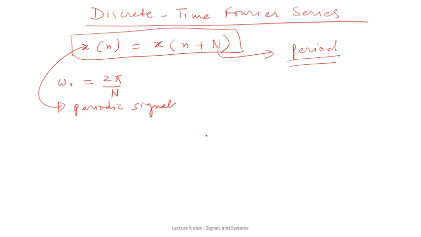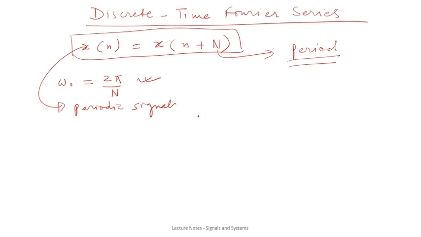One is called the trigonometric, the other one is called the exponential. If it is the trigonometric Fourier series, it will contain the sine and cosine terms, and if it is the exponential Fourier series, it will contain the exponential terms. So this signal can be represented by a discrete time Fourier series having this fundamental frequency omega naught equals 2 pi by N and its different harmonics.